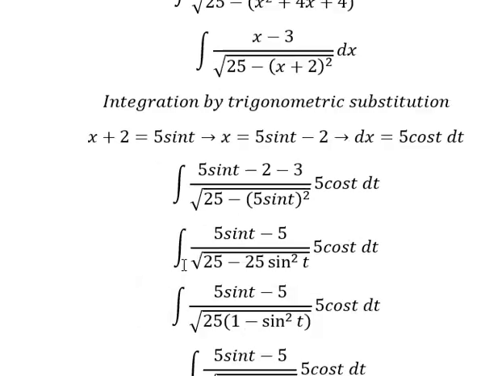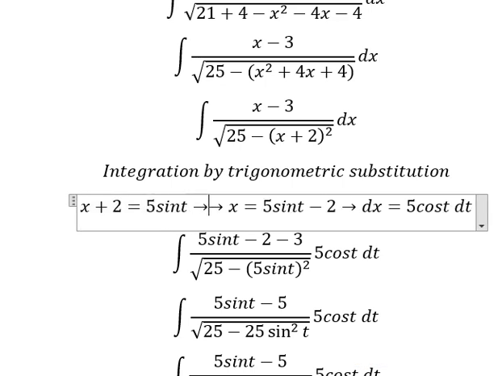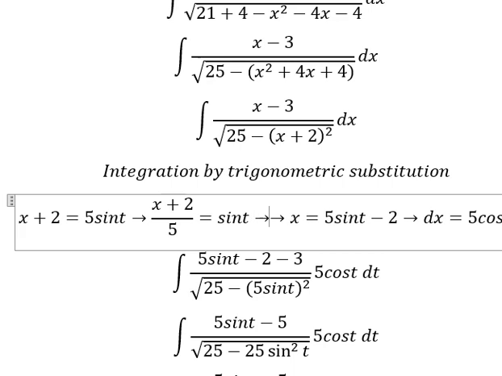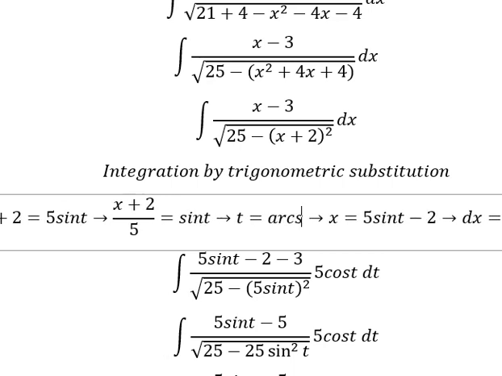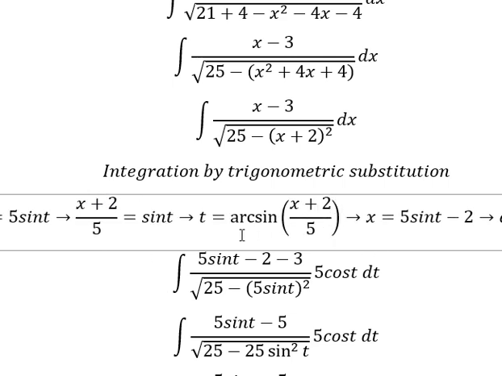About t, that is about this one. So we divide both sides by number 5. And now we can find the value of t. So I will put this one to change for t.